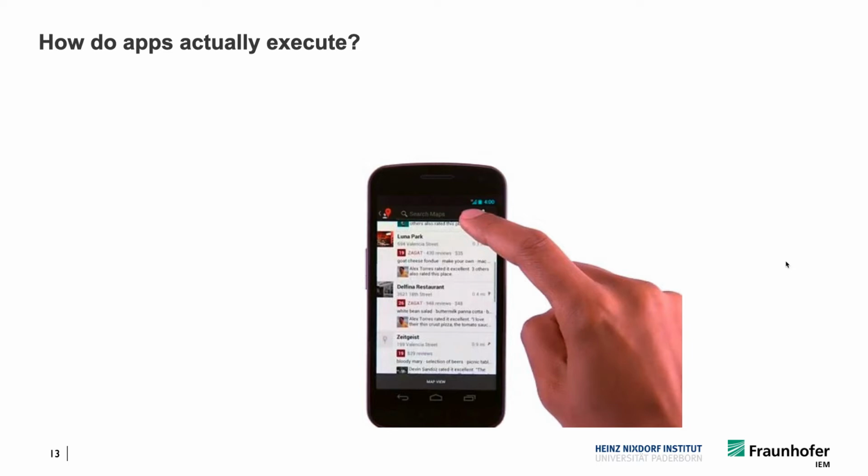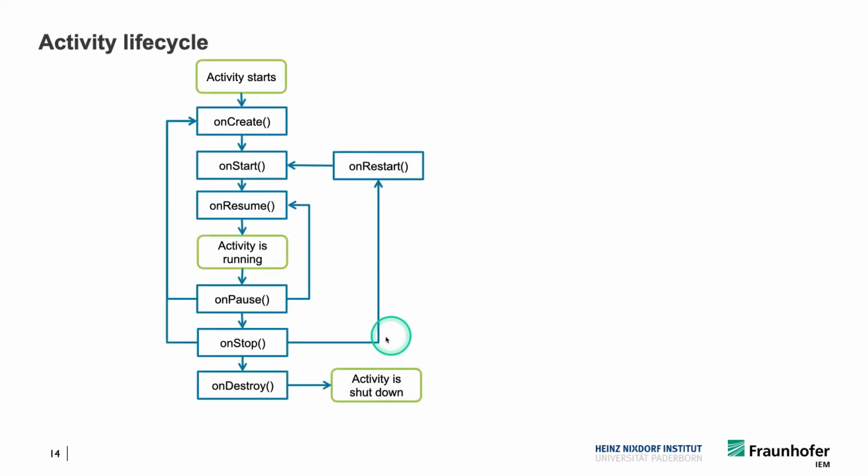But in Android, that's not really how it works, because if you have Android, you have a phone that you can actually interact with, and this phone reacts to your inputs, but also to inputs that come from the environment, such as incoming messages or location changes, whatever. And so this means that actually in Android, you have this whole so-called activity lifecycle.